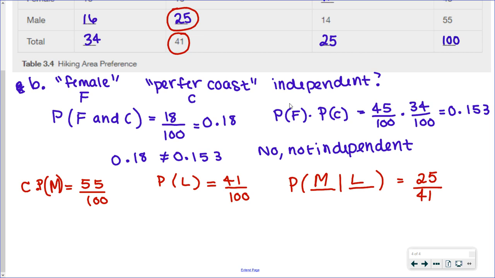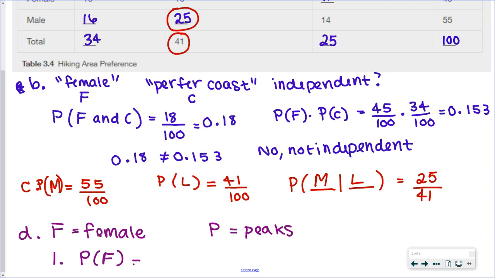All right, letter D. Find the probability that a person is female or prefers hiking on mountains and peaks. So we're going to say that F is going to be for female, and P is going to be for mountain peaks. First thing we want to do is, what is the probability of being female?